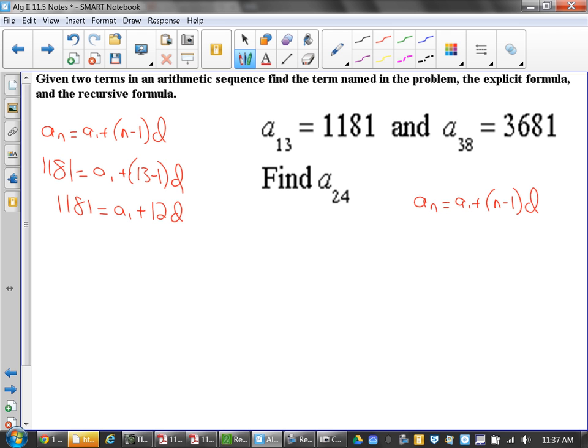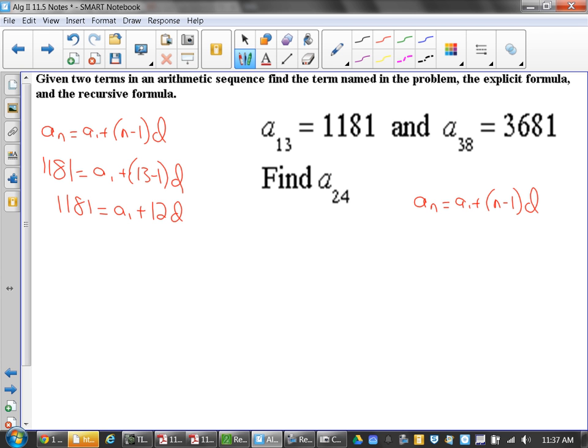I do the exact same thing with the 38th term, just like we did a couple of sections ago. So I do the exact same thing with the second group of terms.